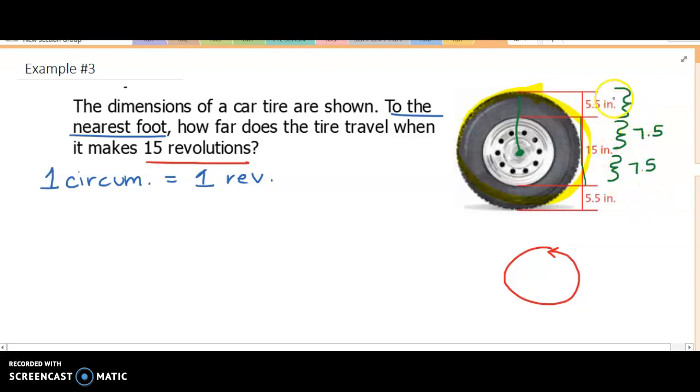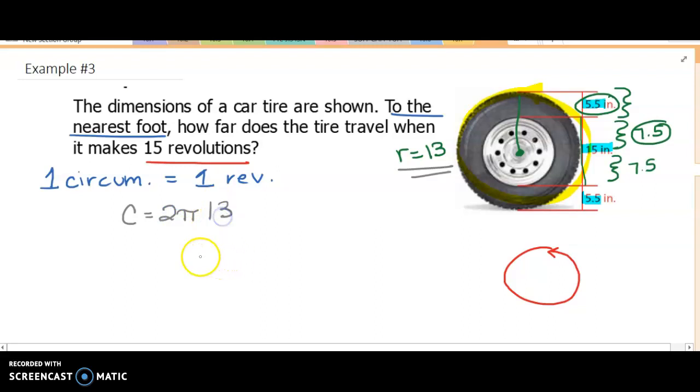So really all I want to do is add 5.5 plus 7.5 to get my radius is 13. Or some of you may have added all these, knew that was the diameter, and then divided by 2, and that's fine too. All right, anyways, because I know my radius is 13, I can find my circumference by 2 pi r.